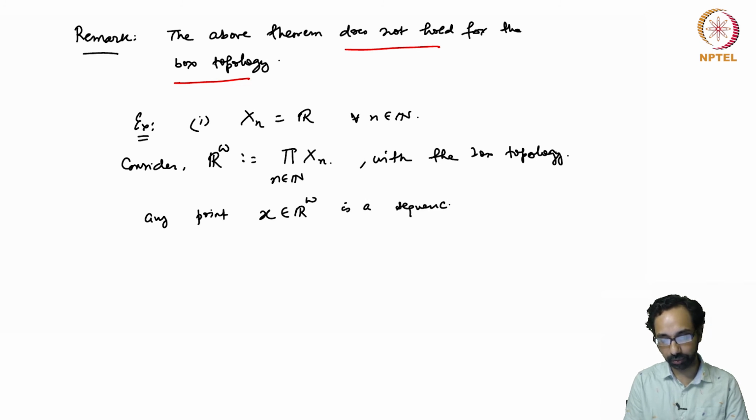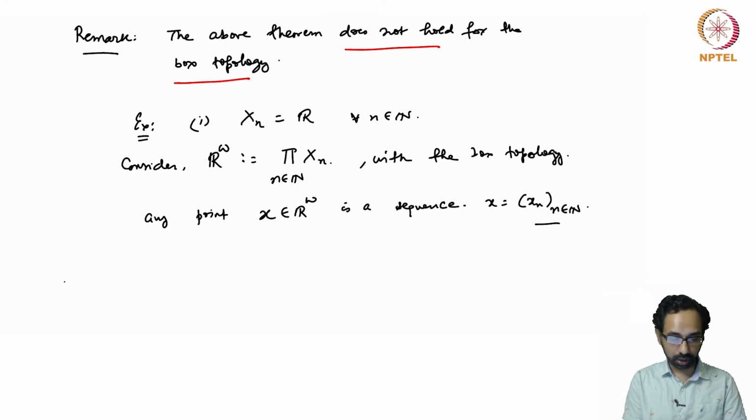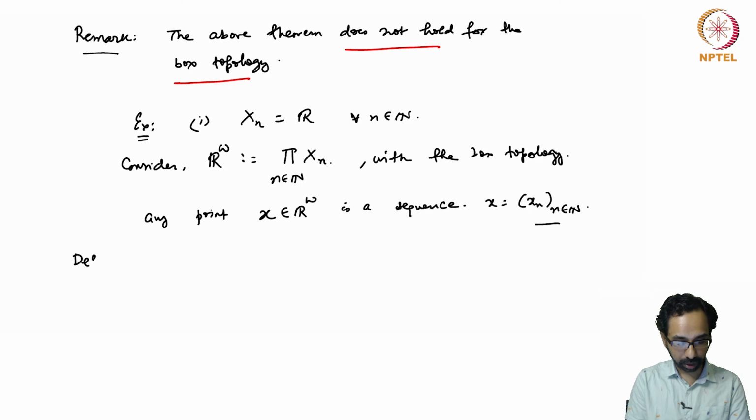We have seen this before, and x can be written as a sequence x_n, where n is in the natural numbers. So now let me define what are bounded and unbounded sequences.